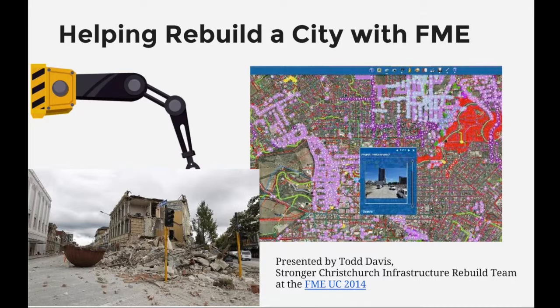As a result of the earthquakes, much land was liquefied, over 6,000 homes were destroyed beyond repair, nearly 80% of business buildings needed to be demolished, and underground utilities, roads, and transport networks were all severely damaged. The Stronger Christchurch Infrastructure Rebuild Team, or SCIRT for short, is tasked with fixing the horizontal infrastructure and helping to return Christchurch to pre-earthquake conditions.